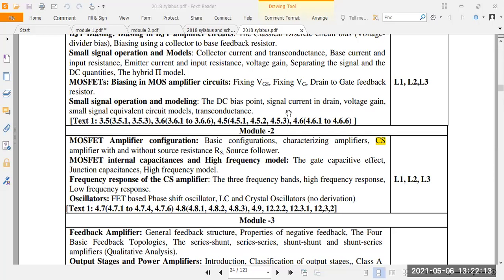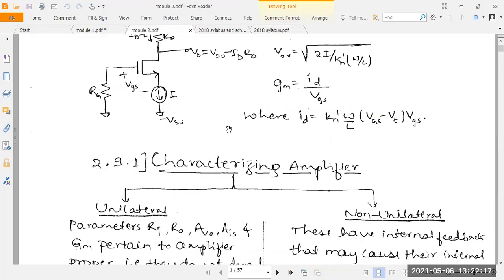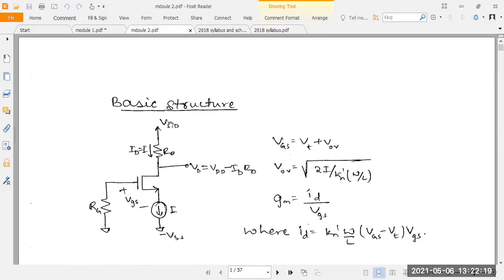See here, first the basic diagram. This one is the basic diagram of the MOSFET amplifier. Is it a common gate configuration or common source configuration? Can anyone tell?